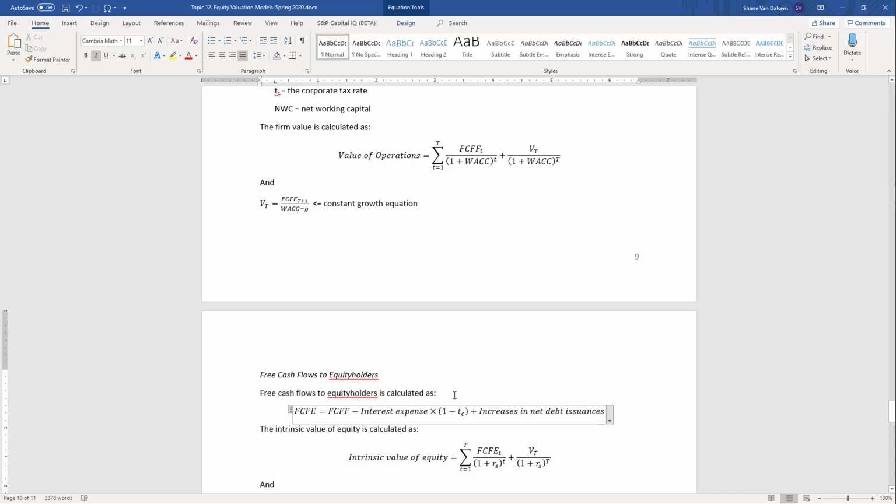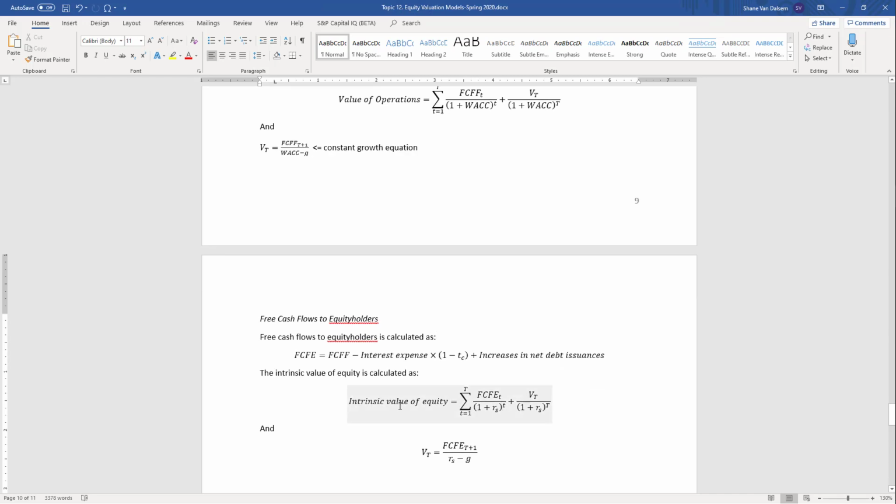The intrinsic value of equity is calculated as the free cash flows to equity holders discounted back at the required rate of return on equity. So notice that these equations are very similar, just a change in the cash flow and a change in the discount rate. And again, this is the constant growth value.